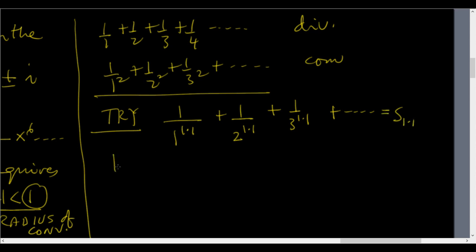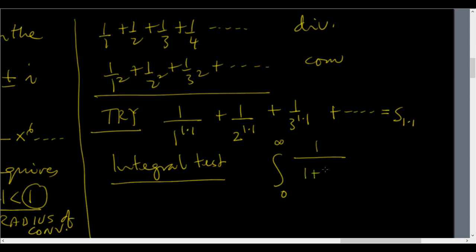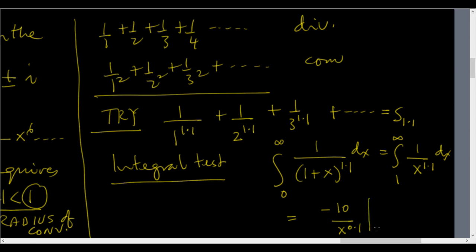By integral test, what we need is the integral from 1 to infinity of 1 over x to the power 1.1 dx, which is minus 10 over x to the power 0.1 from 1 to infinity, which is equal to 10.